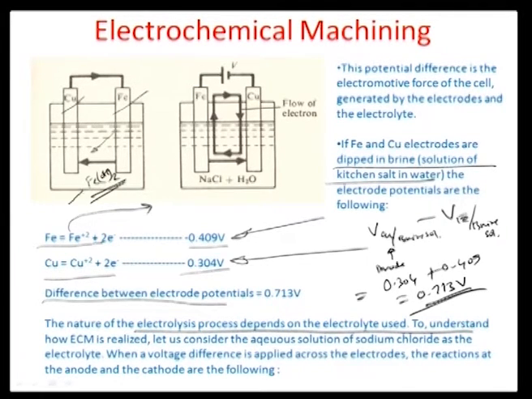This ferrous hydroxide is not dissolvable anymore in the solution, so it precipitates down and forms crystals here. It does not get redeposited on the copper. So this can be the tool and this can be the workpiece, and this can be a basis of electrochemical machining.